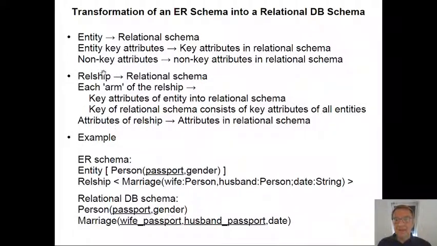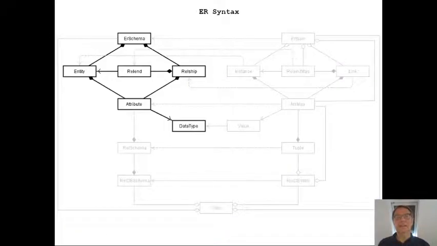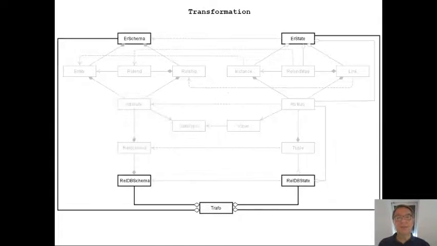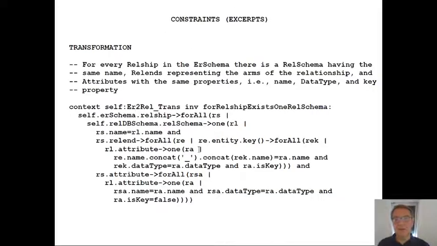In the translation that I've done in the very beginning, I said a relationship is translated into a relational schema, and the constraint in the transformation part now says the following.